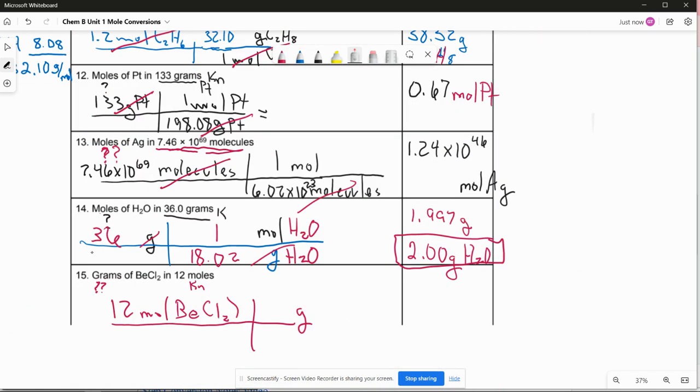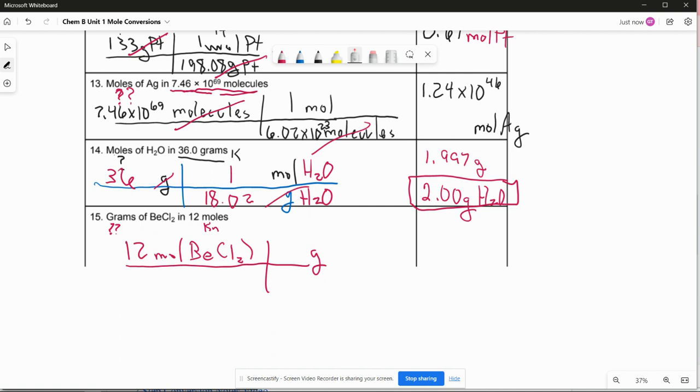So let's do that. That's grams per 1 mole, so that the units here cancel out. Of course, that's moles of beryllium chloride. So I'm going to have to look that up on the periodic table, right? Because that's the molar mass. We get the molar mass from the periodic table.